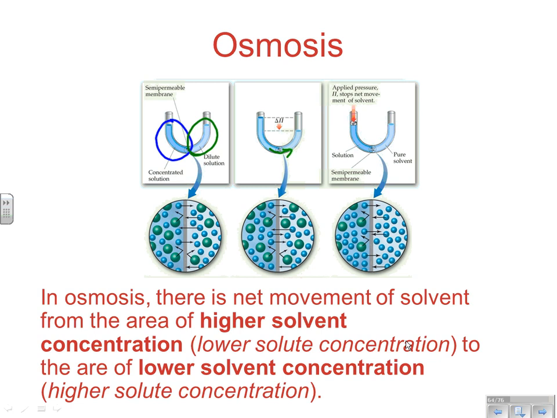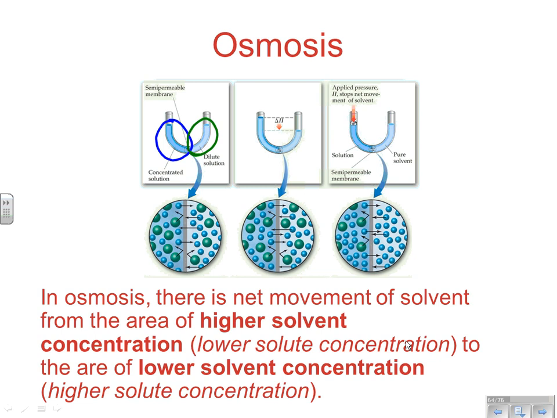Now, osmotic pressure would literally be the pressure we have to apply to stop the movement of the particles. And in this particular situation, actually, I think I drew this one wrong. Let's back up a second here. If you take a look at it, it's from an area of higher solvent concentration to lower solvent concentration.